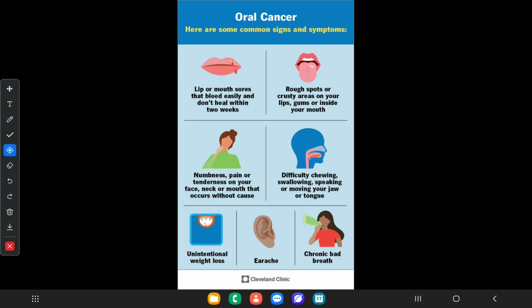Also there can be red or white lesions, and non-resolving inflammatory lesions as well. Soft tissue lesions associated with radiographic changes can also lead to oral cancers. And if you have unexplained tooth mobility, it can also indicate cancer.